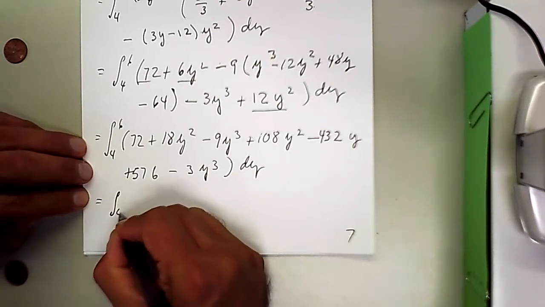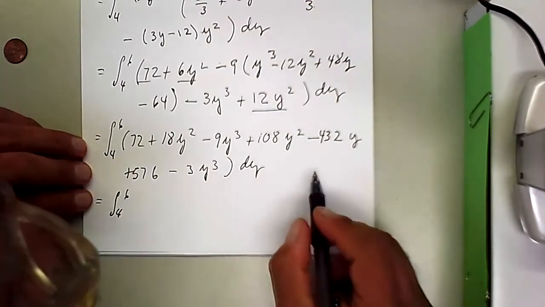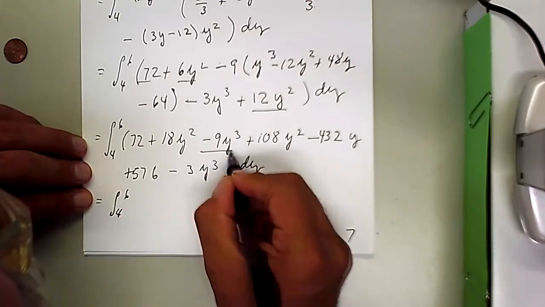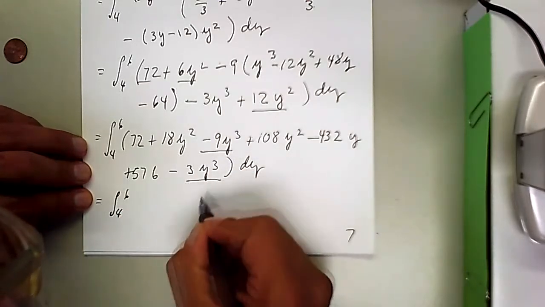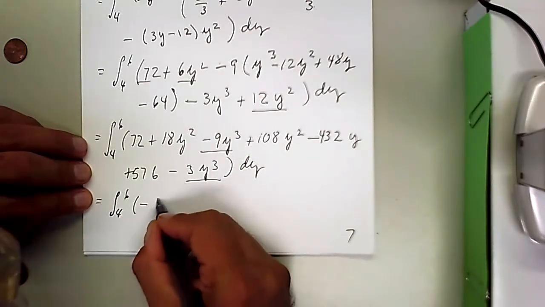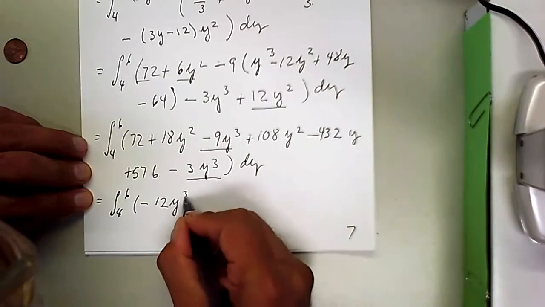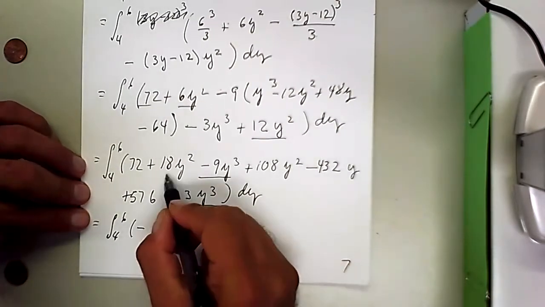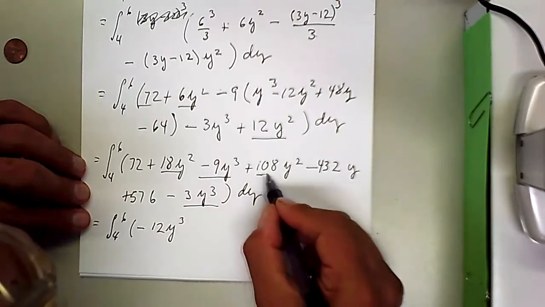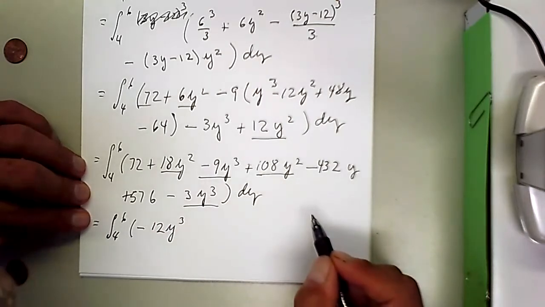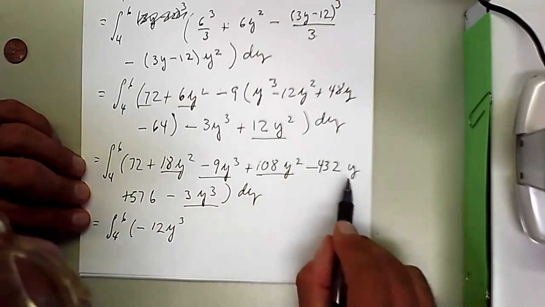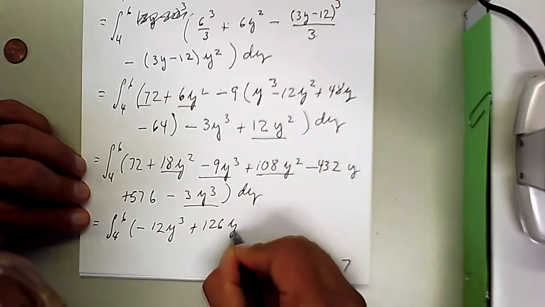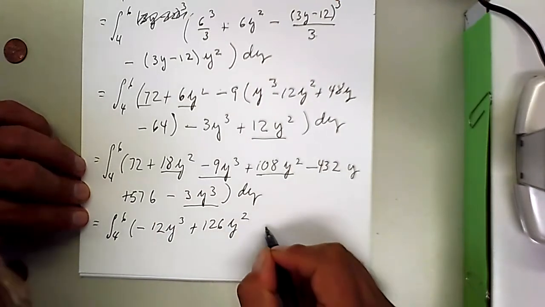So we're still doing 4, 6. Y cubed, we got 9 and 3 both negative. So we start out with negative 12y cubed. Y squared, now I'm going to consolidate the y squared. So we got 18 and 108, that is 126. Yep, plus 126y squared.